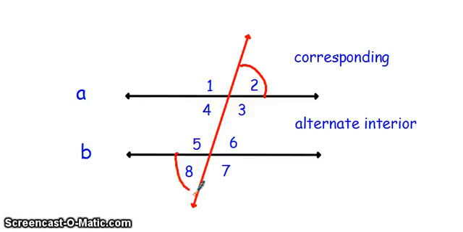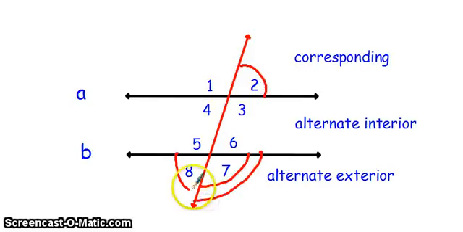Those are called alternate exterior angles because they're alternating and they are on the outside, the exterior, of the parallel lines. So 1 and 7 are also alternate exterior, and 3 and 5 are alternate interior angles.